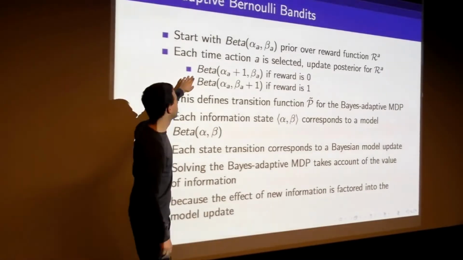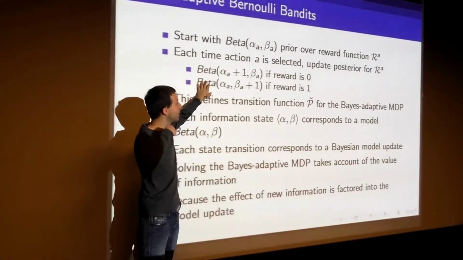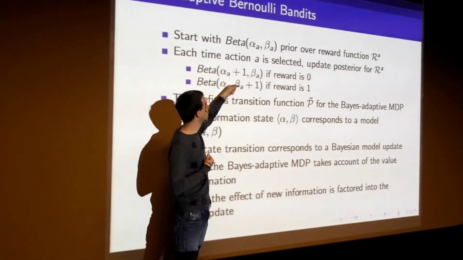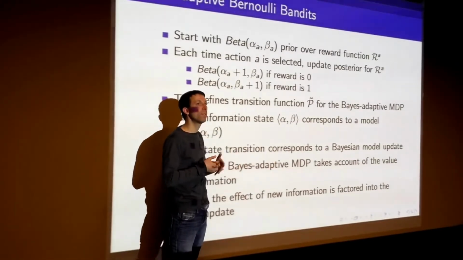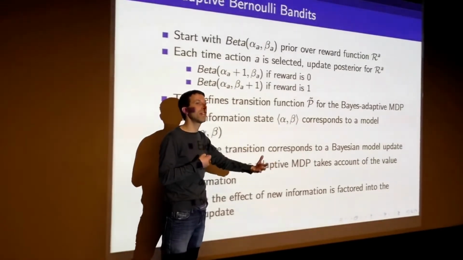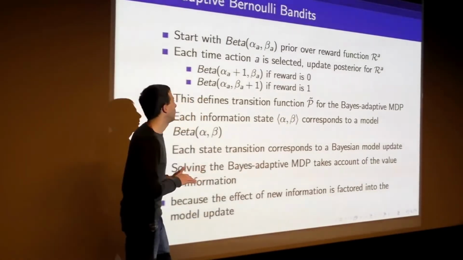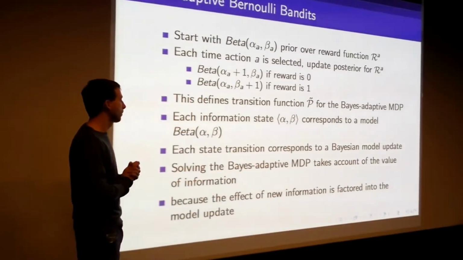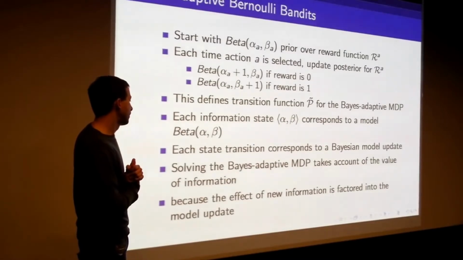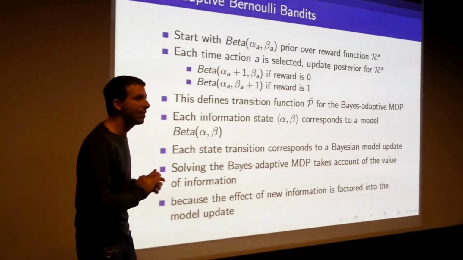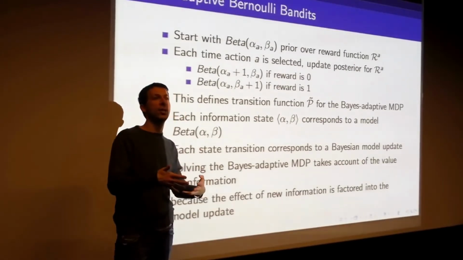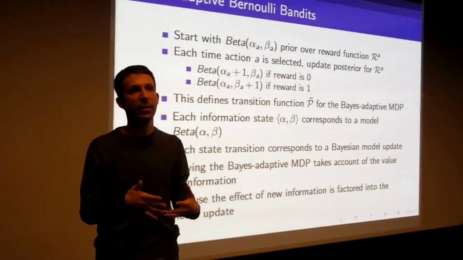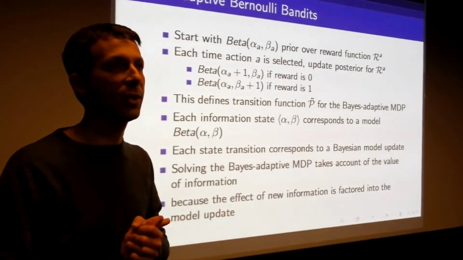Just by writing down the fact that if we succeed, we increase our success count by 1, we've defined the transition dynamics of our MDP. And we solve for that MDP. This is the Bayes adaptive approach. It's a way to, with a lot of computation, get the optimal solution to the exploration exploitation dilemma.